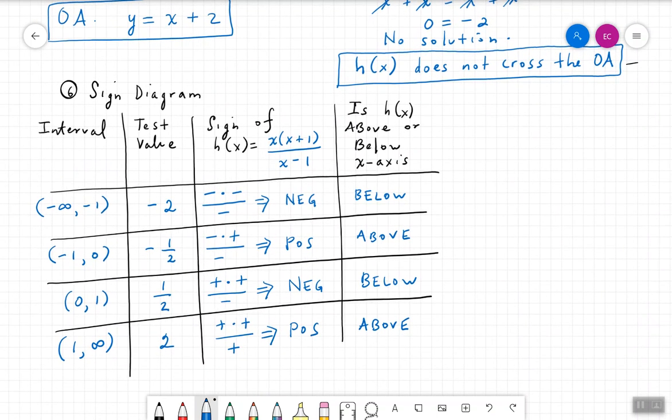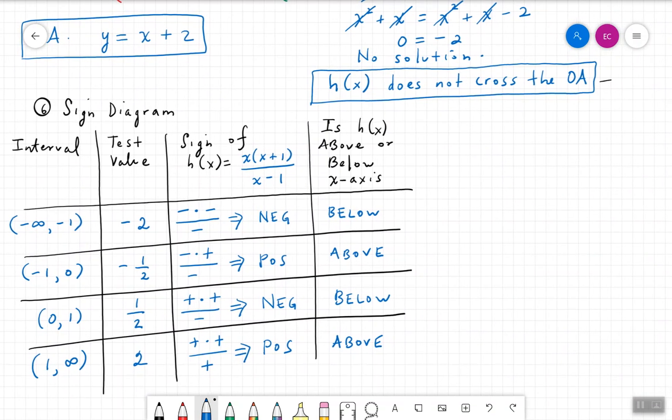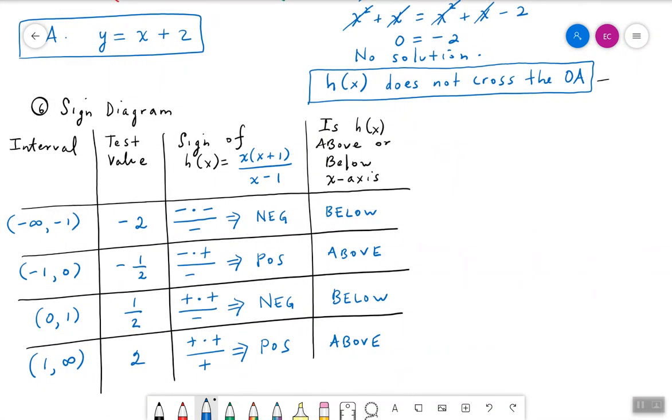Okay, so we want to put all this together to sketch the graph. So let's see here. I think we can fit it in here to the side. We'll start with x and y axes.